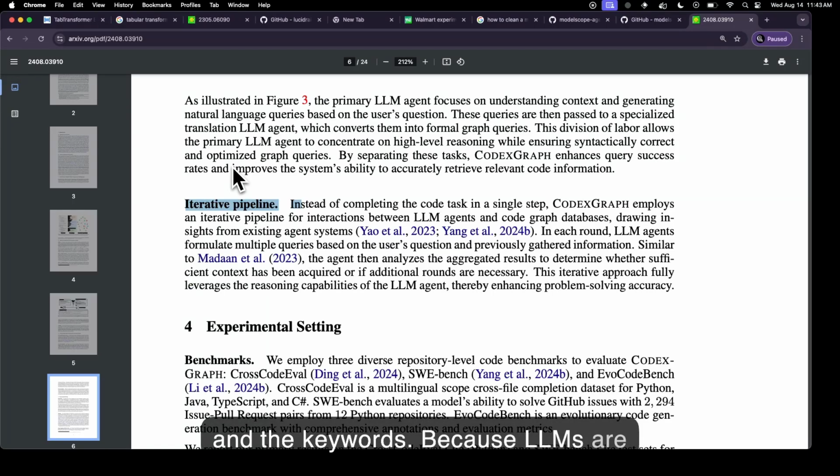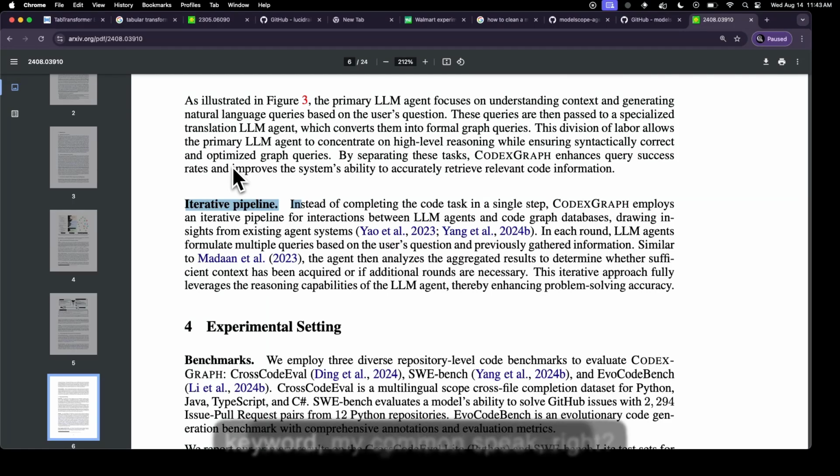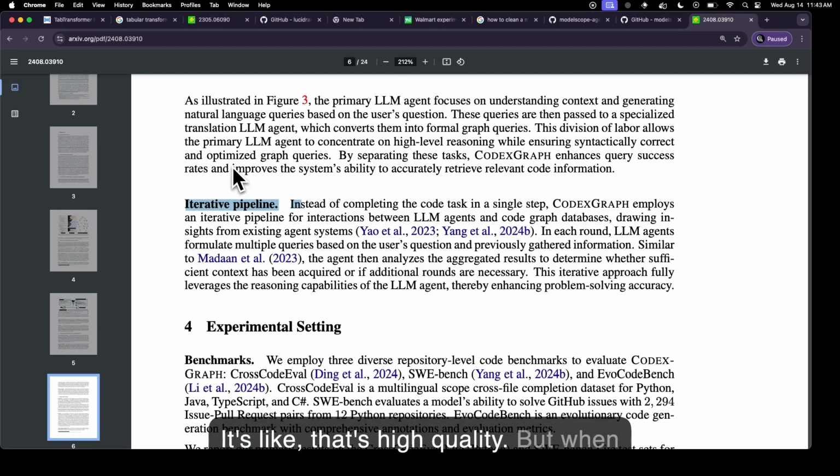Because LLMs are so specific, right? What I consider high level code as a keyword in my common speech is high quality. But when you say high level to an LLM, that just gets you pseudocode, because it doesn't mean the same thing in the proper vernacular for code.